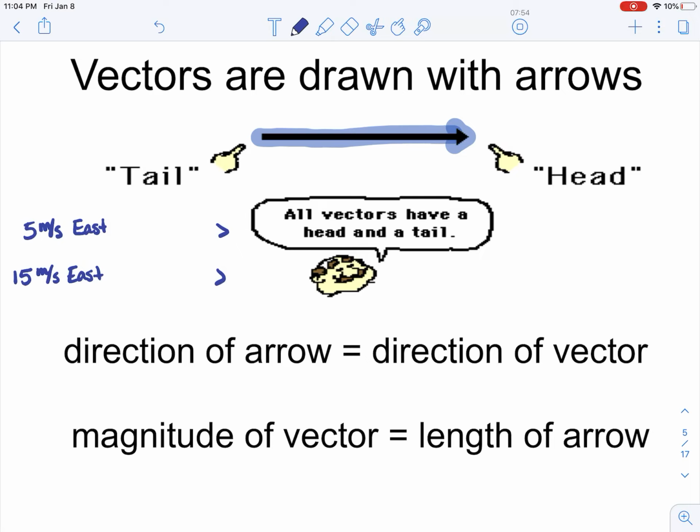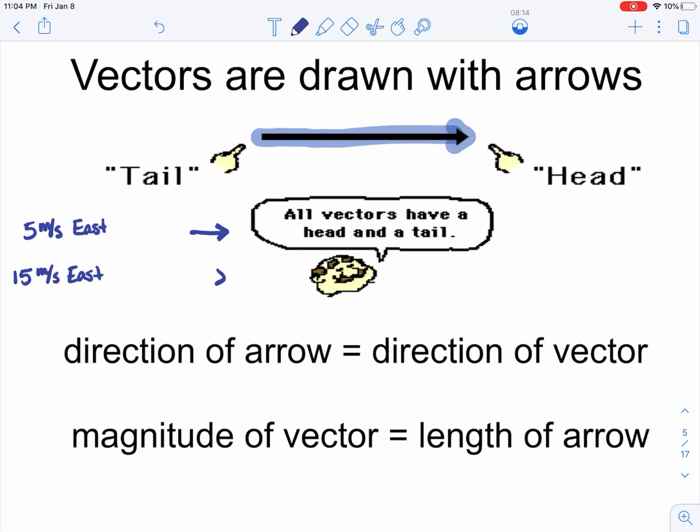Now, I would really love for you to make it proportionally accurate, draw it to scale, whatever phrase you prefer to use there. But it's clear that 15 is 3 times larger than 5.